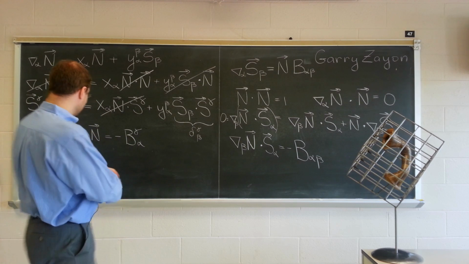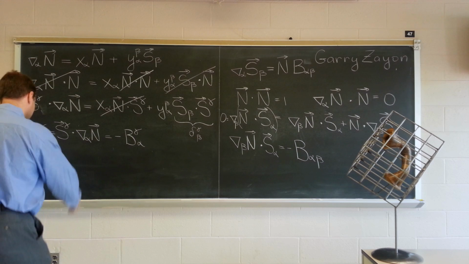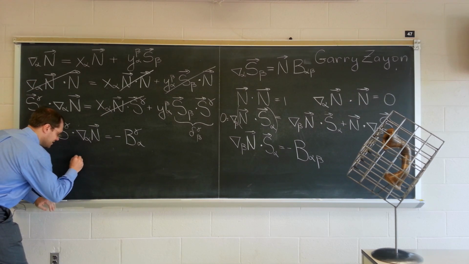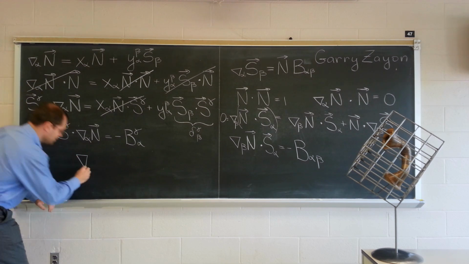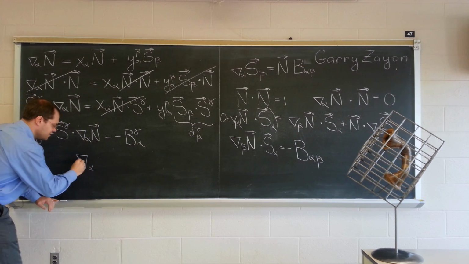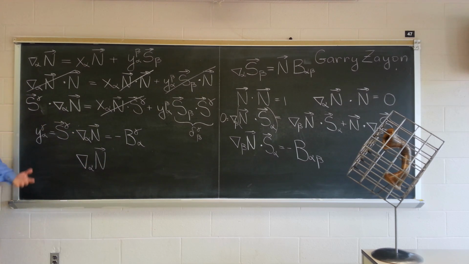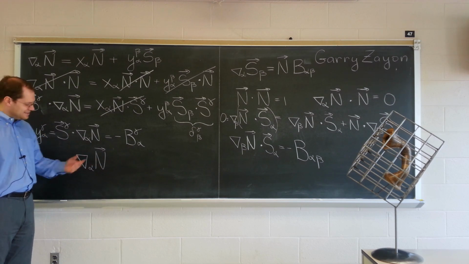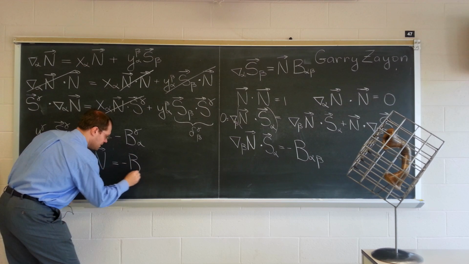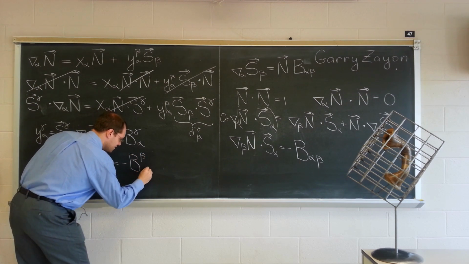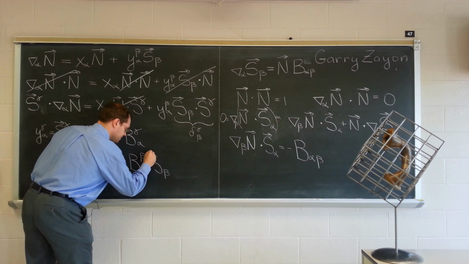So let's write down what we just found somewhere so we can box it. I guess this is as good a space as any. So here's the final entry of our differentiation table: the covariant derivative applied to the normal vector, of course, I'll rename the indices to make this as elegant as possible, equals minus b beta alpha S beta.